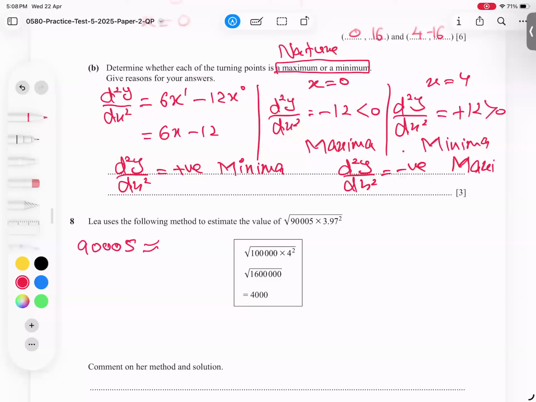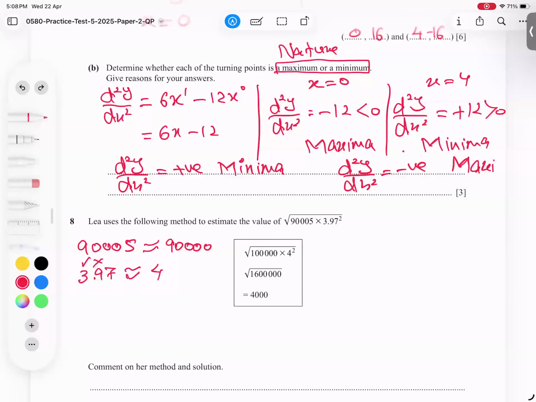We have to round this number approximately to 4 zeros, and 3.97, if we round 97, so if we round to 4, we need 1 SF, it becomes 4. This is rounded correctly. But this we can assume is not rounded correctly, reason is very clear, because he has to write 90,000, not 1 million, not 100,000.